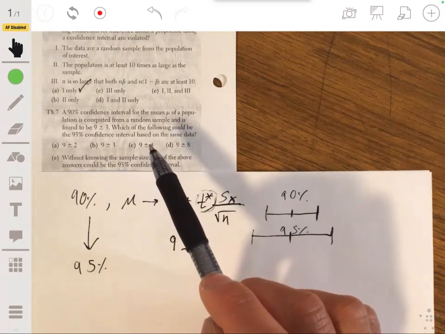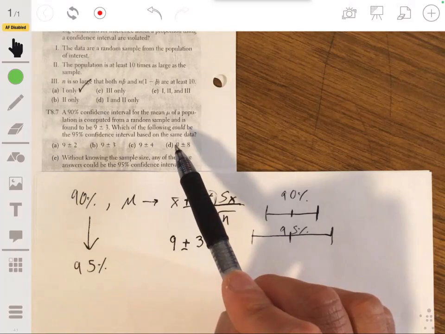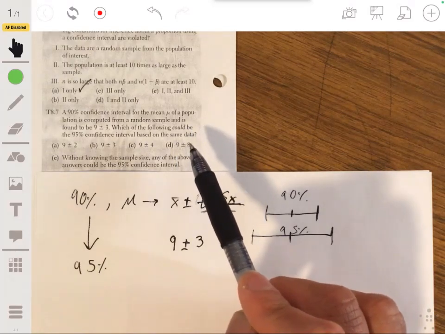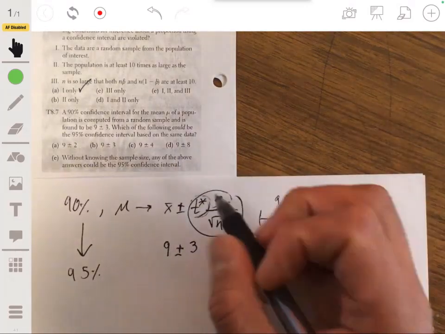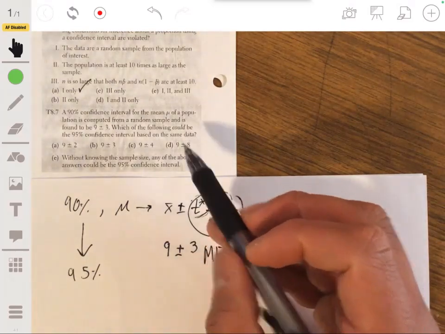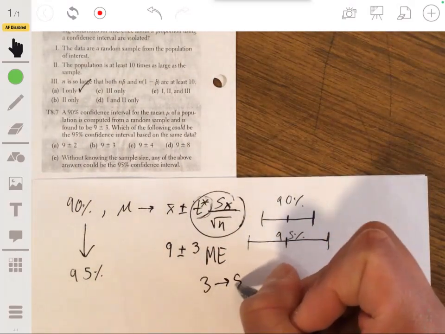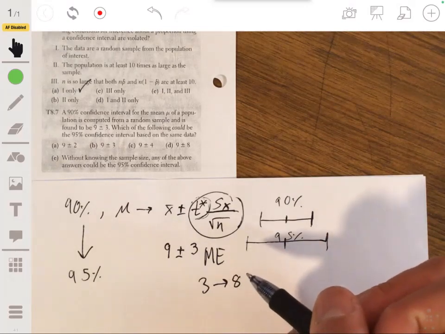Now, let's say why it can't be D. If it's D, we're saying that the margin of error, which is this part, more than doubled. It went from 3 to 8, which is a huge increase.